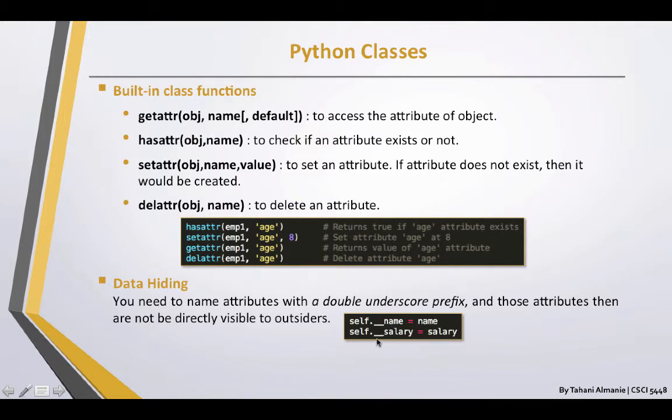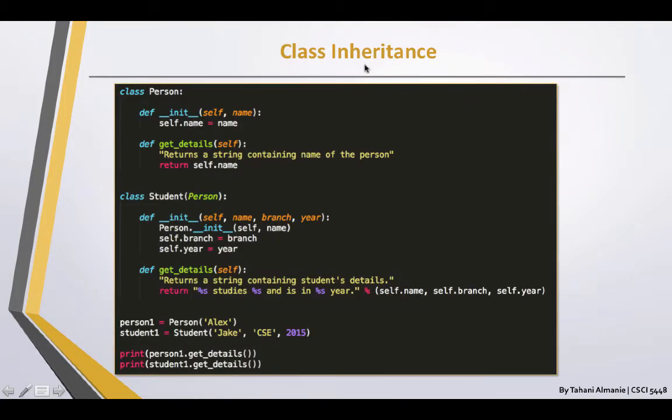So it's similar to using the private keyword for attributes in Java. This example shows how to apply inheritance in Python. So here we have Person as the base class, and here Student is the derived class from this Person.